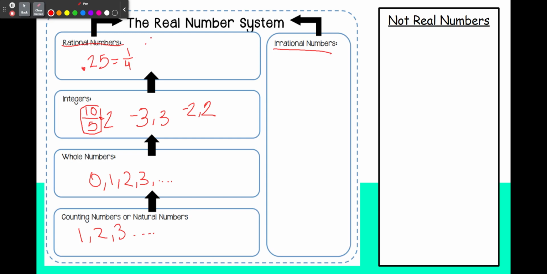Another rational number: 0.3 repeating is equal to 1/3, so that is a rational number.